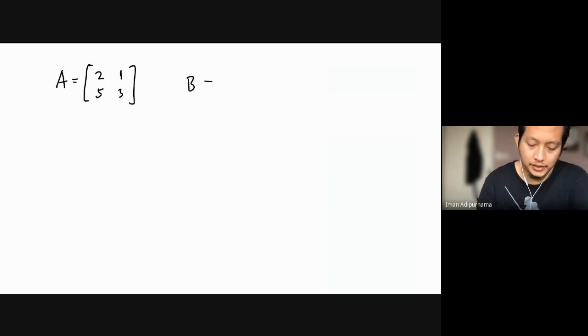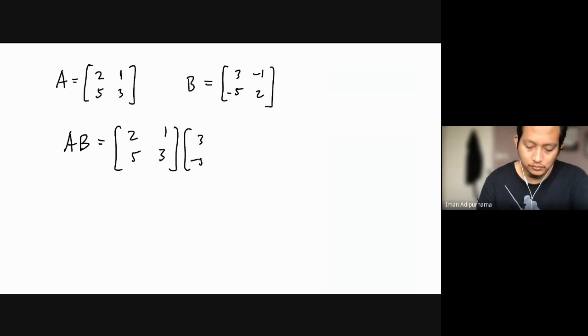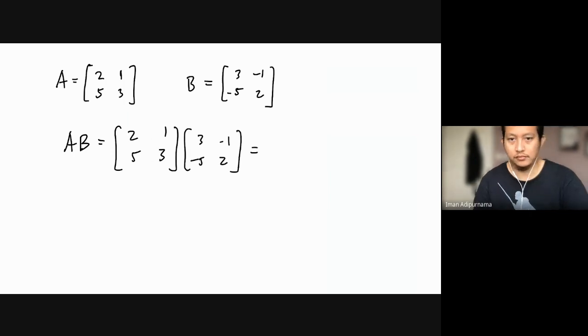So if A is that matrix and B is this, let's check A multiplied by B. Let's write it down. 6 minus 5 is 1, and minus 2 plus 2 is 0. 15 minus 15 is 0.